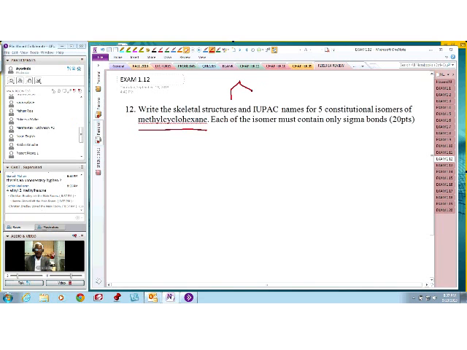So the molecule they have given us is this here, methylcyclohexane, and that molecule contains 7 carbon atoms. So let us go ahead and write the molecular formula, which is C7H14. Is that right?